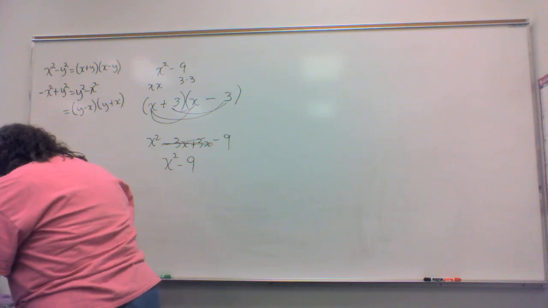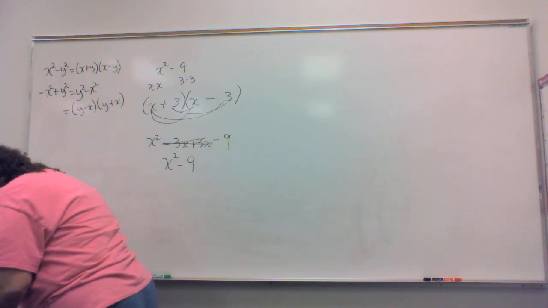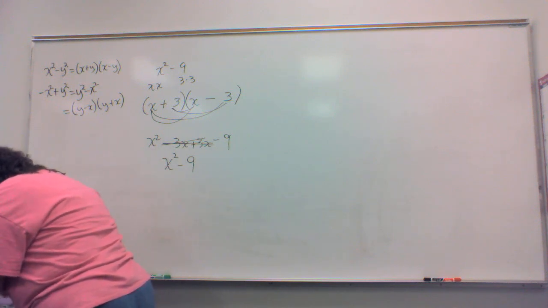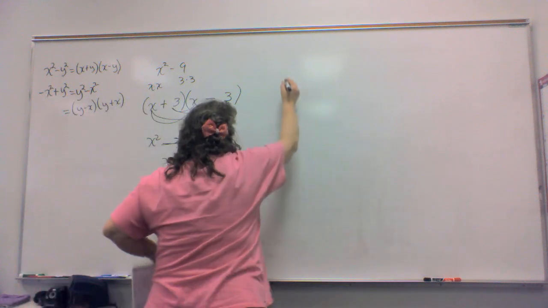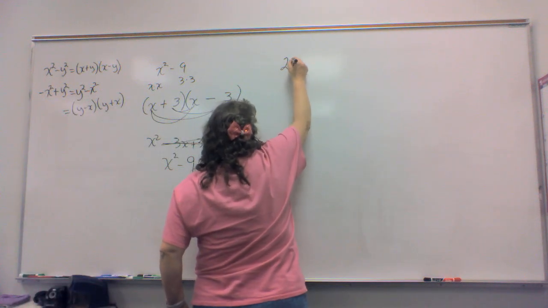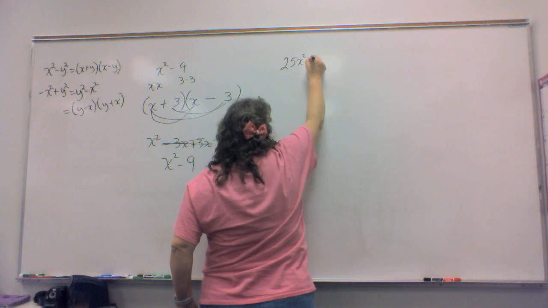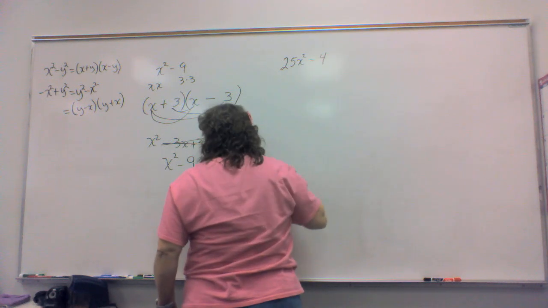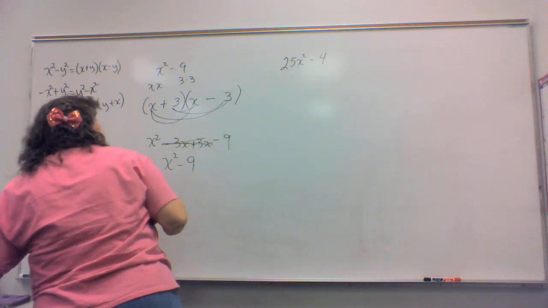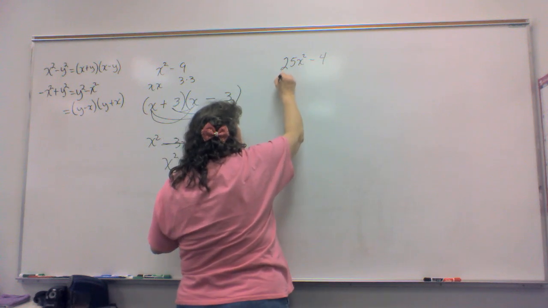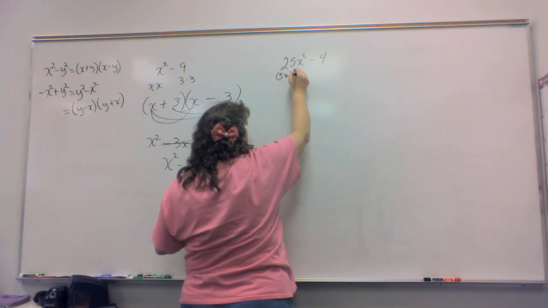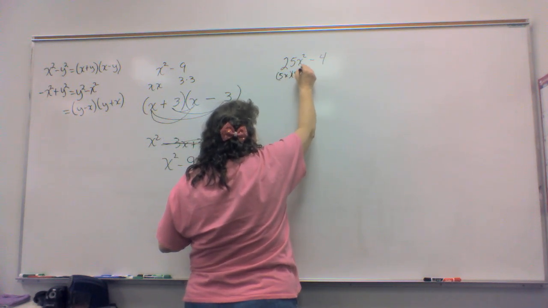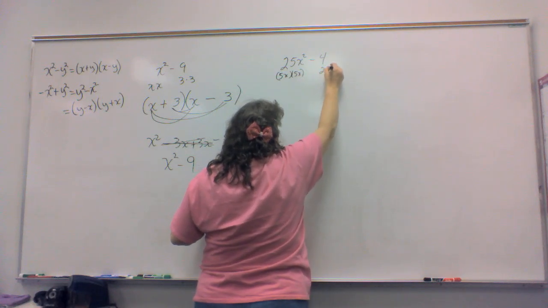Okay, let's look at another problem. 25x squared minus 4. Okay, again, 25x squared is 5x times 5x. 4 is 2 times 2.